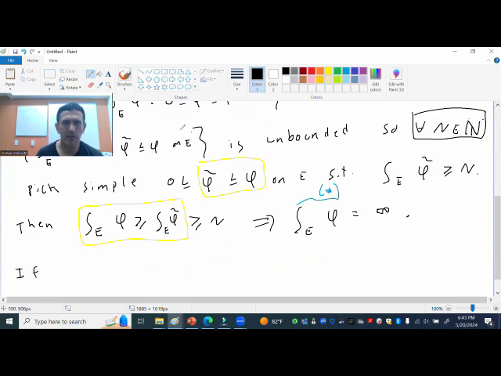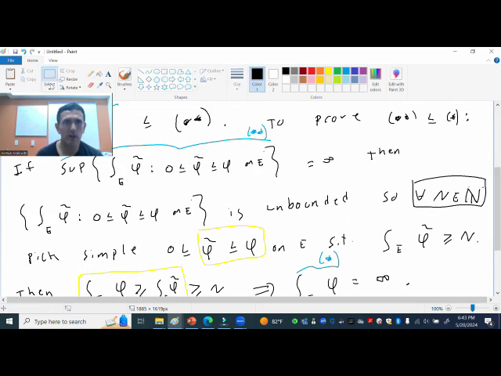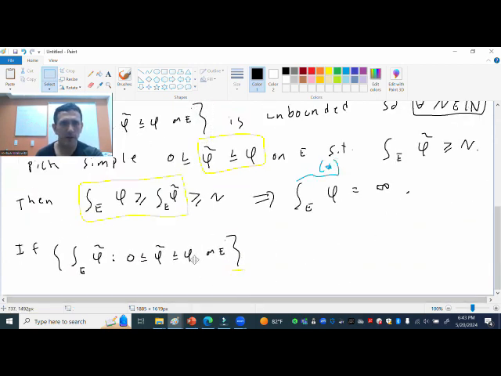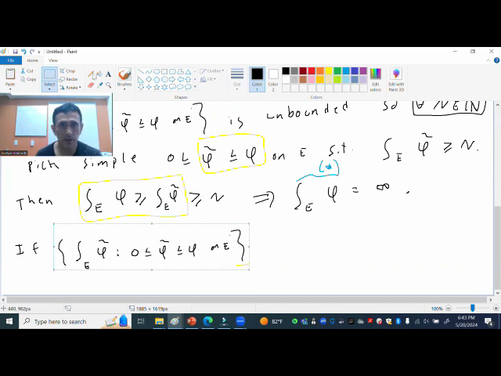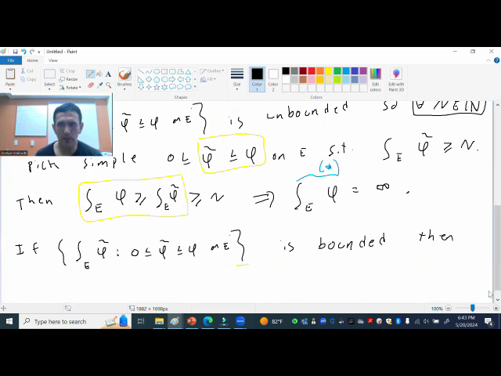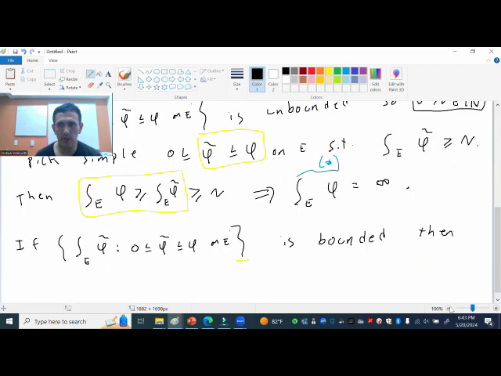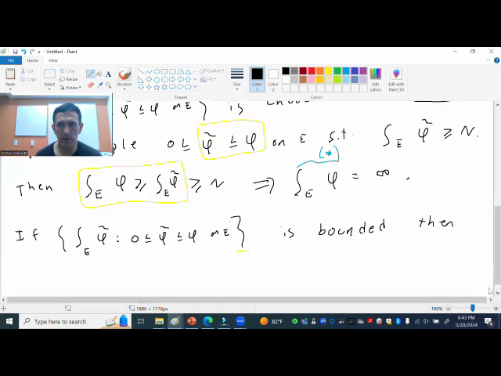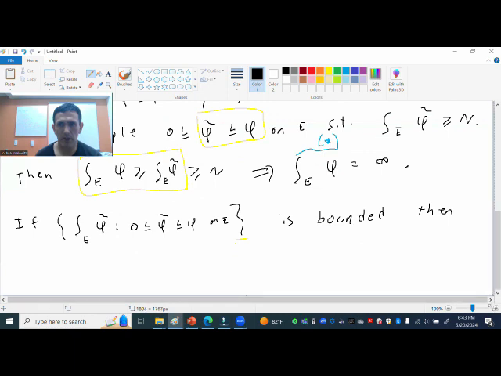So on the other hand, if this set here is bounded, it's just a little easy epsilon stuff.